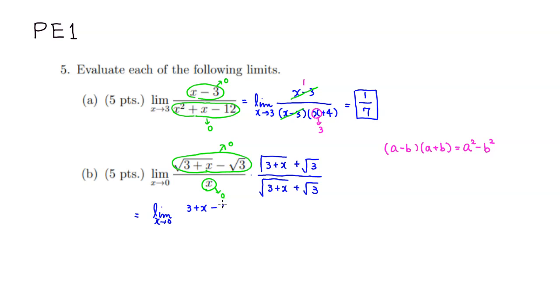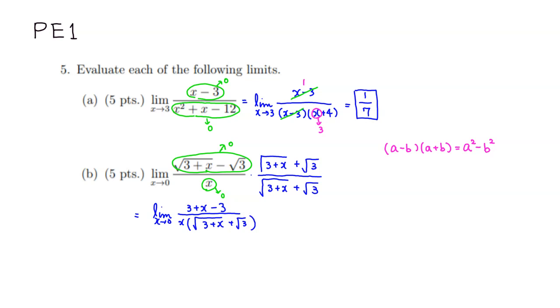Square that, it's just going to be 3. Then the denominator, we can't really do too much. We just have to write x times the square root of 3 plus x, plus the square root of 3.